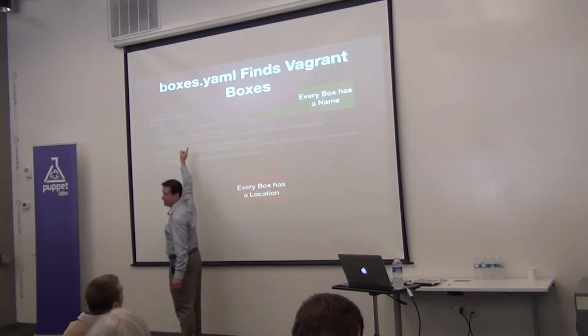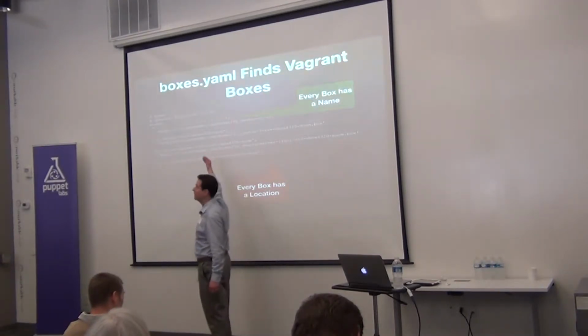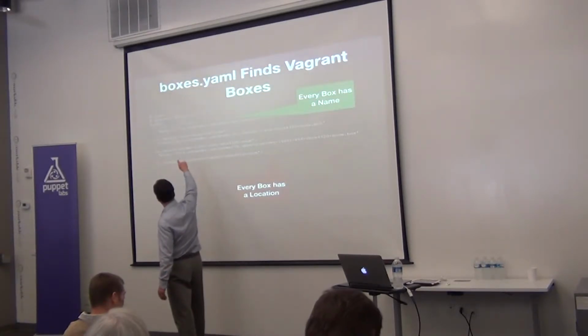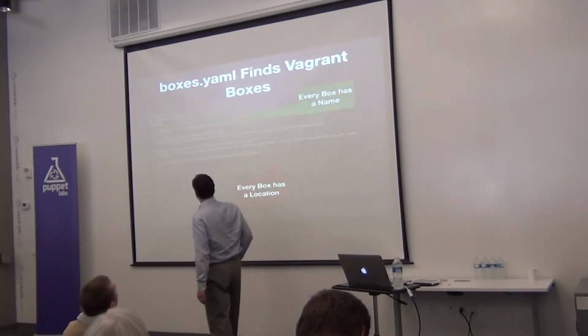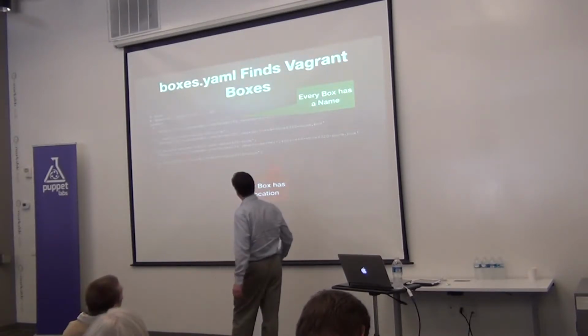It's really a key value pair. The first key is the name of the box. You can call it whatever you want. We call it FS, that's the organization we're working with right now, then CentOS, our OS, the version number, the architecture, and the fact that it's a VirtualBox. Very straightforward.